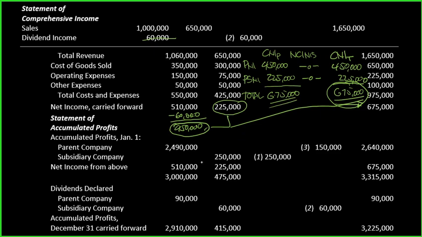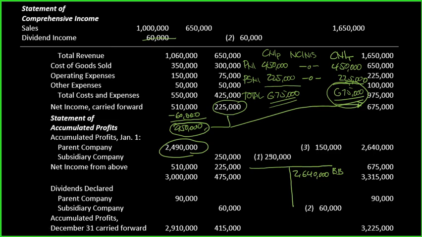So, if we are going to compute for the consolidated retained earnings, let's keep it basic. Let's use your T accounts. What's the beginning? It's 2,640. In the books of the parent, it's 2,490.